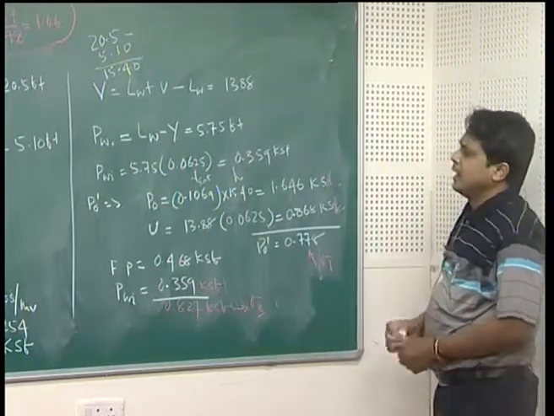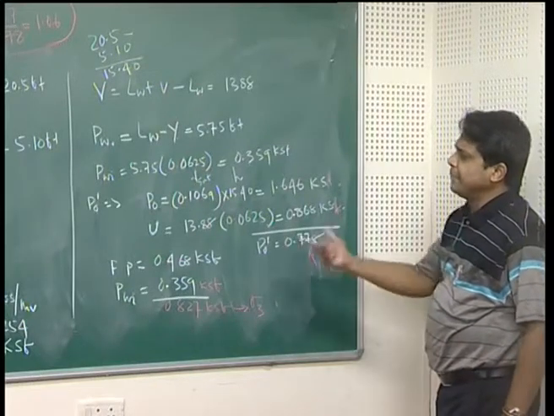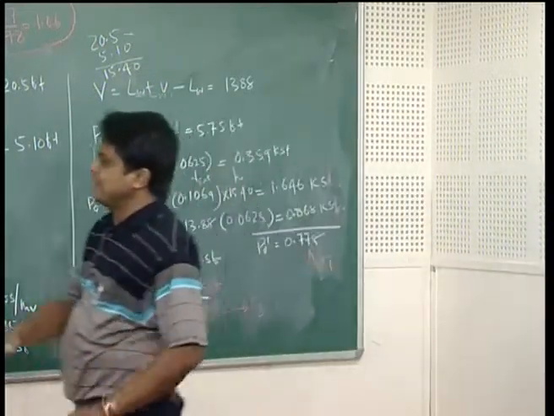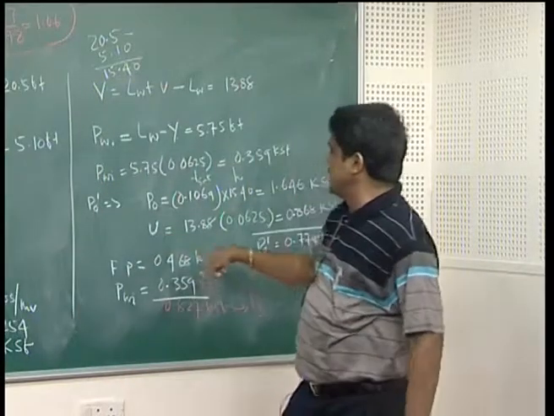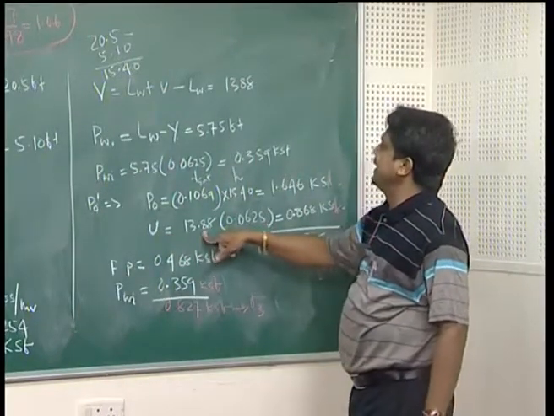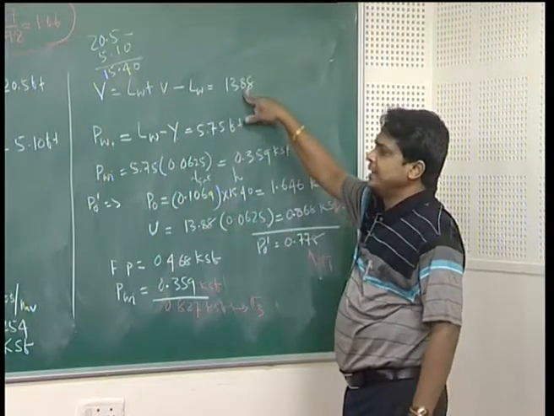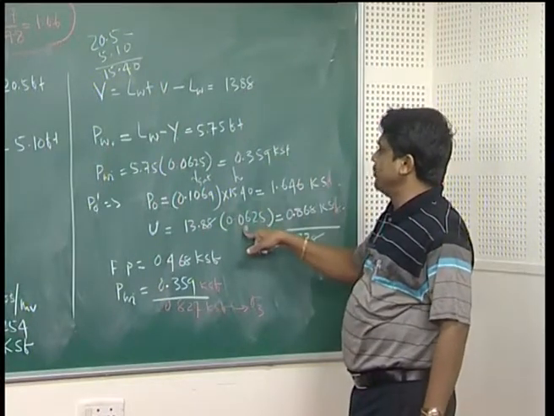Now how much effective, because the water table is at this point, so total minus this pore water pressure, so 13.88 is the height, and the unit weight of water.